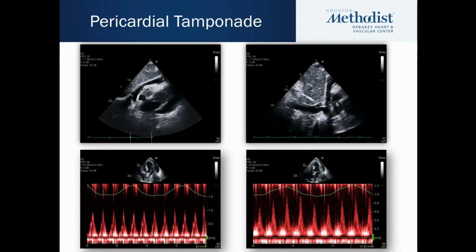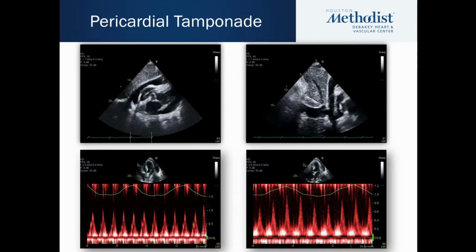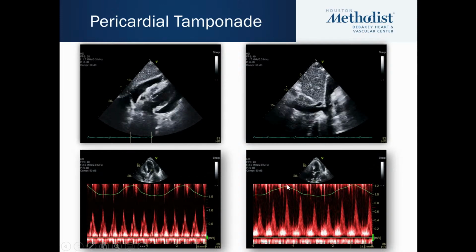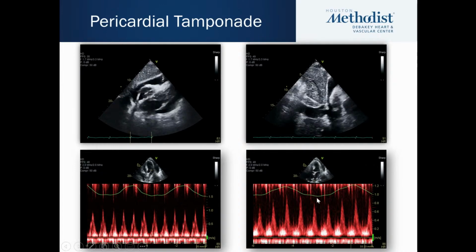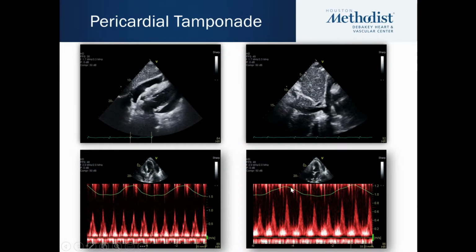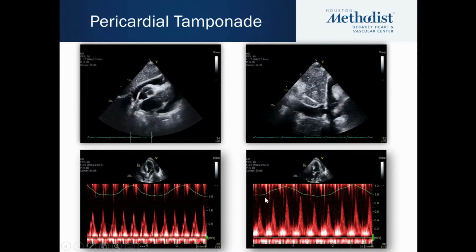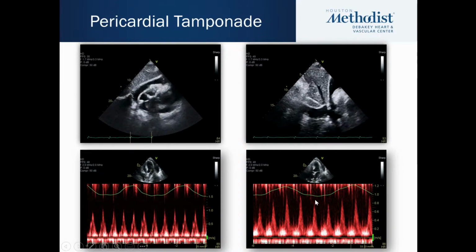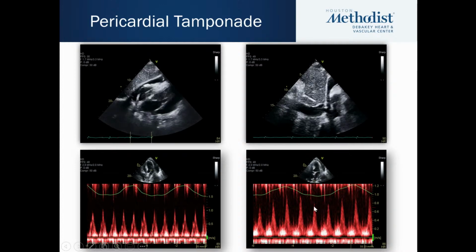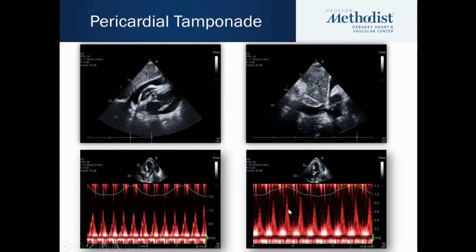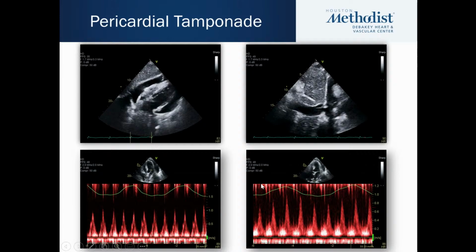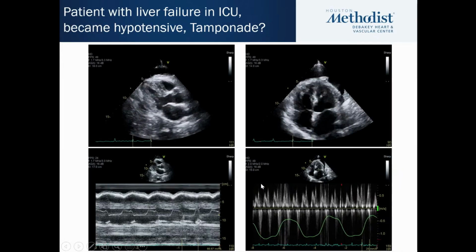So here, and generally, and that's not a 100% rule, inspiration is marked by an increase in the respirometer and expiration is marked by a decrease in the respirometer. And then what we'll do is beginning of inspiration, so first beat of inspiration, notice the lower wave velocities or Doppler velocities. First beat of expiration is higher velocities.